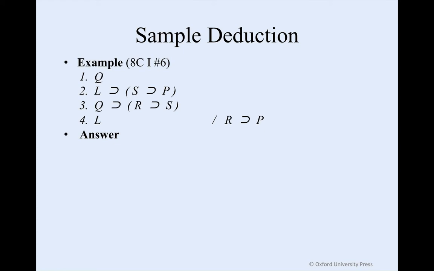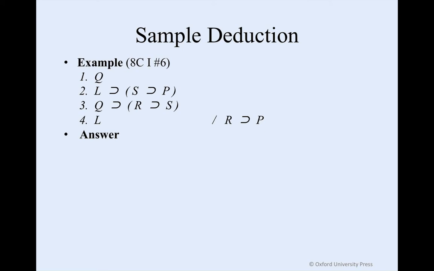So if you're thinking about a conclusion, you want to generate a conclusion that's got a horseshoe in it. Look at your rules and see which conclusion has as its main operator a horseshoe. It's one way for you to begin thinking about what you're going to do. In addition, look for the main operator in each of your premises.